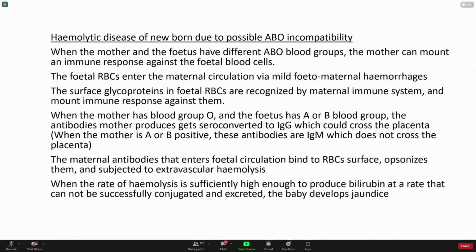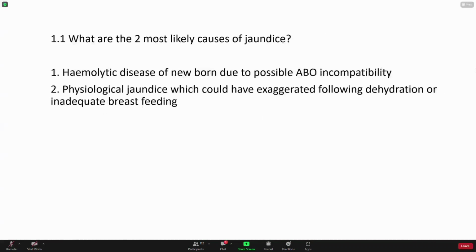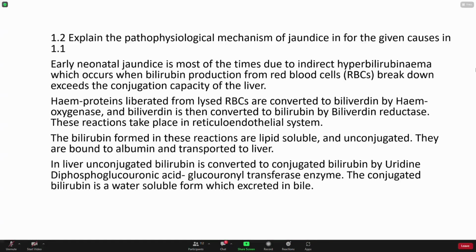What would you write? Actually, if you look at this question of 30 marks, probably ABO incompatibility would carry about 18 or 20 marks, right? The rest of the 10 would be carried by the physiological jaundice part.